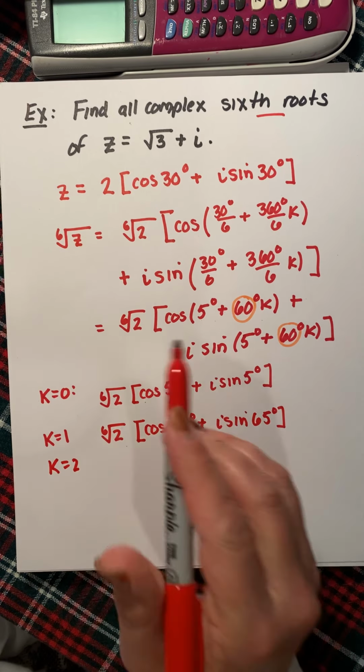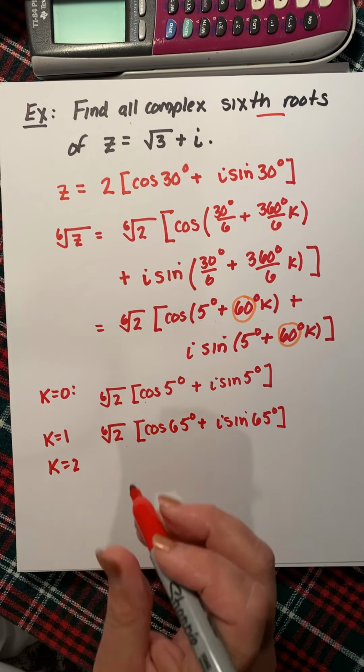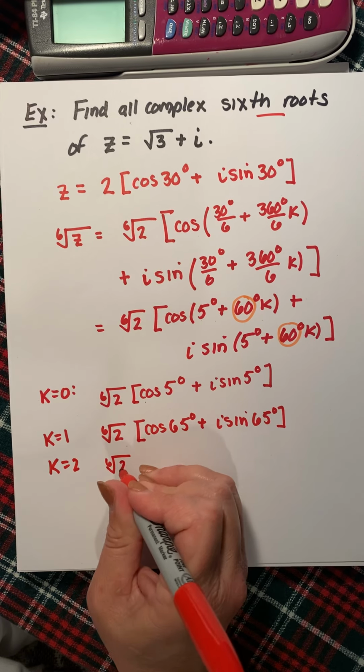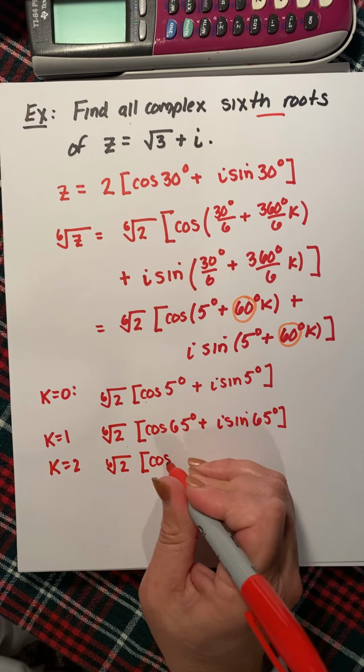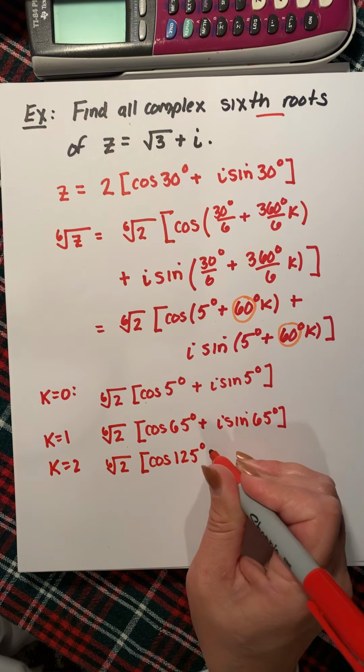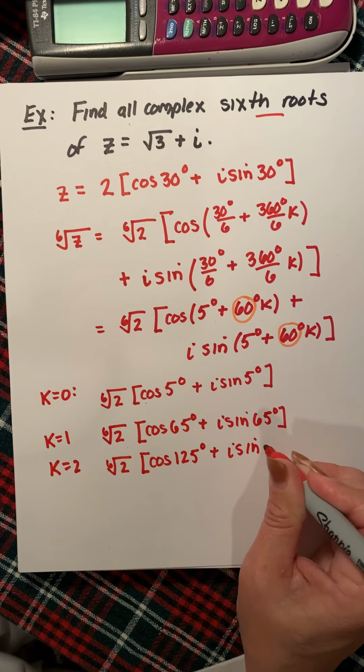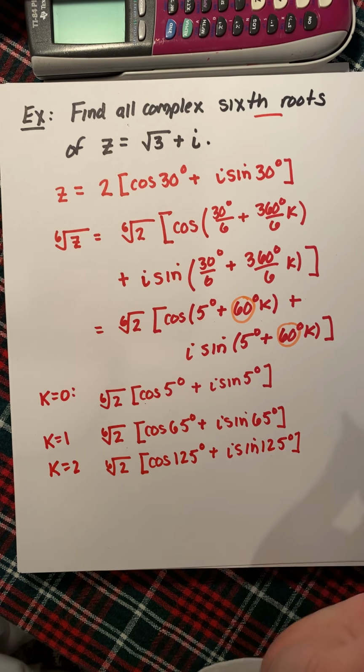Not pretty answers if we were to try to write them out back into their standard form, so we're just going to leave them in the equivalent trigonometric form. The 4th root would be the cosine of 185 degrees plus i sine of 185 degrees.